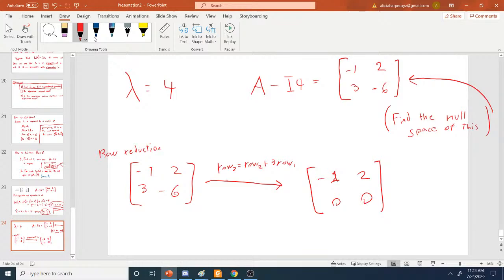And I can translate to the linear systems picture, which tells me that -1 times x1 plus 2 times x2 is equal to 0. So this right here corresponds to a bound variable, and this right here corresponds to a free variable.